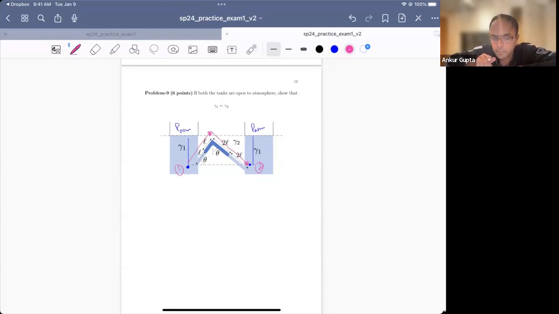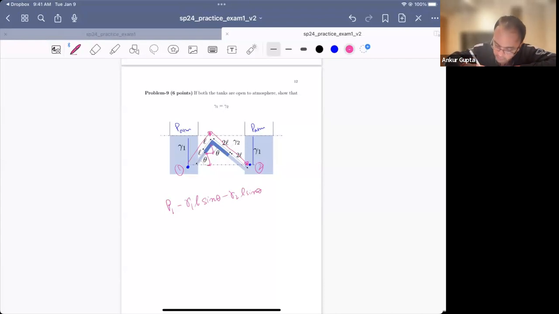And we know the pressure decrease. Let's say P1, then we have P1 minus gamma 1 L sine theta, so this is the sine theta part, minus gamma 2 L sine theta. That's easy, right? So that's simply P1 minus gamma 1 L sine theta minus gamma 2 L sine theta.